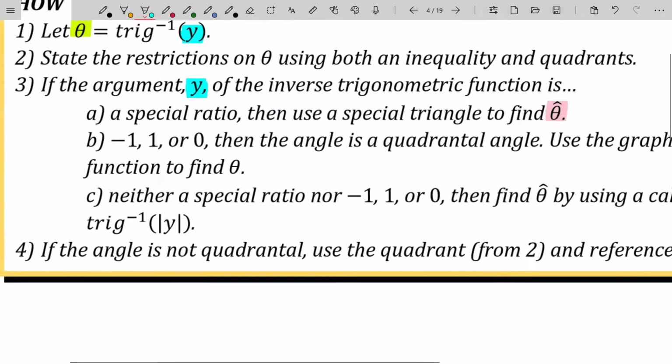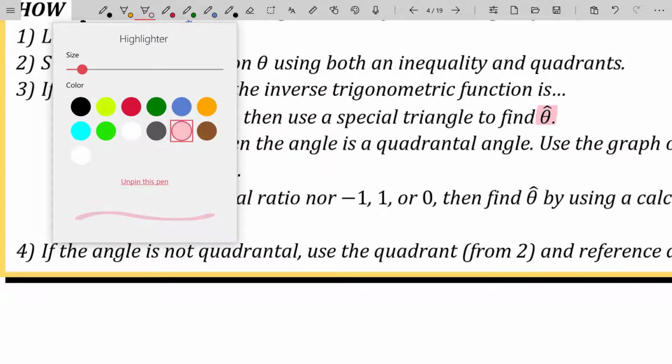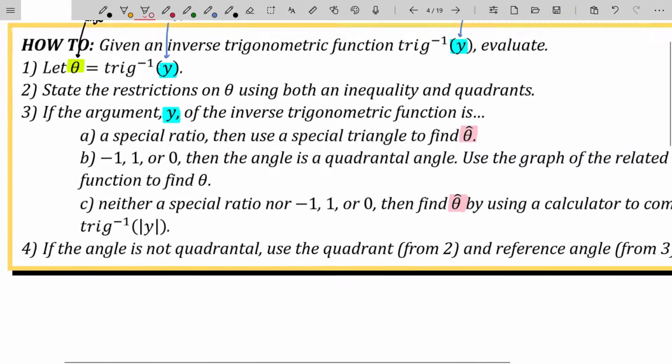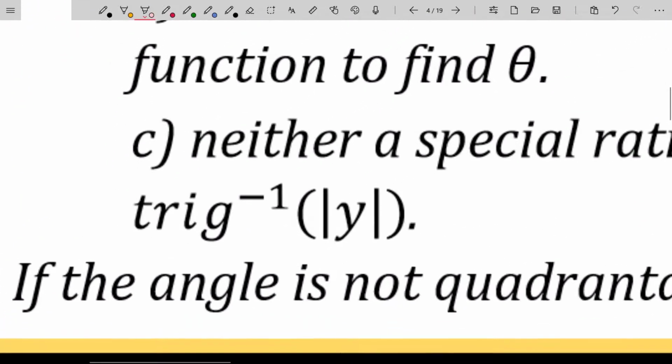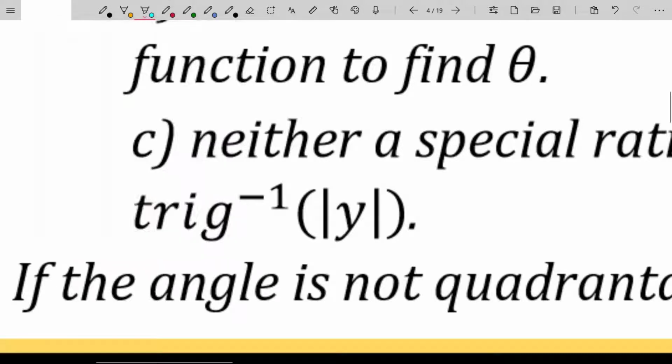And to do that, you're going to find the reference angle. So again, this is pretty much all about reference angles in this step. You're going to find the reference angle by grabbing a calculator and computing the inverse trig function value of the absolute value of that y. We'll talk about that when we get there, but that's a critical step.